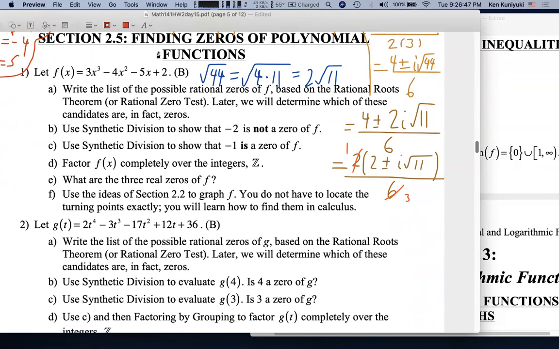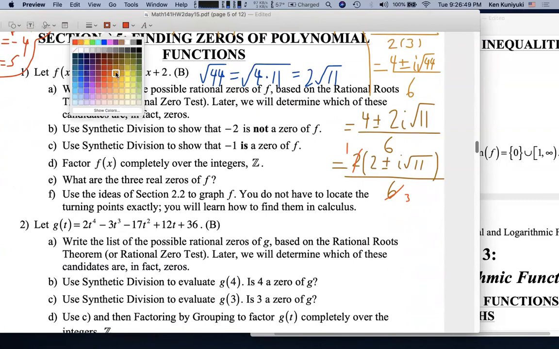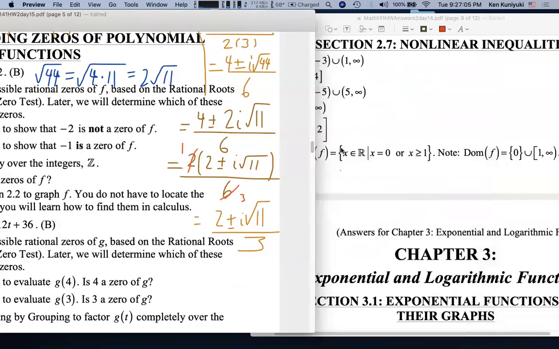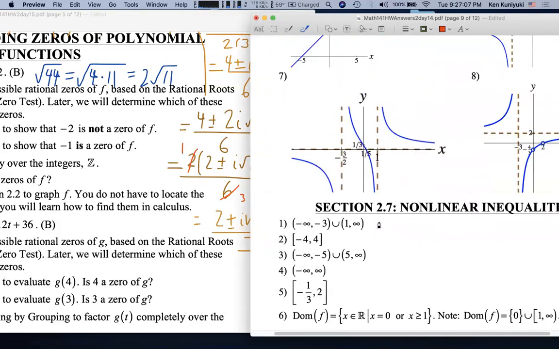So you get 2 plus or minus i root 11 all over 3. And I don't think I put that in standard form, or did I?